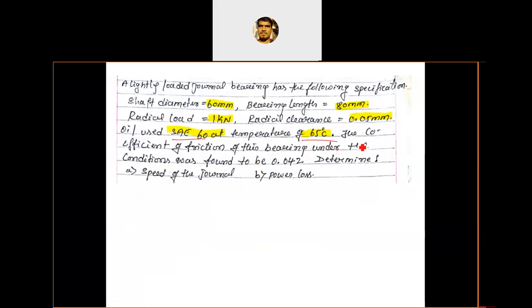So for this, SAE 60 at a temperature of 65 gives the value of mu. So mu we have to take from the data handbook.